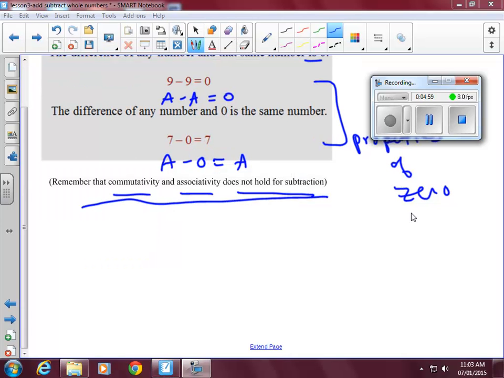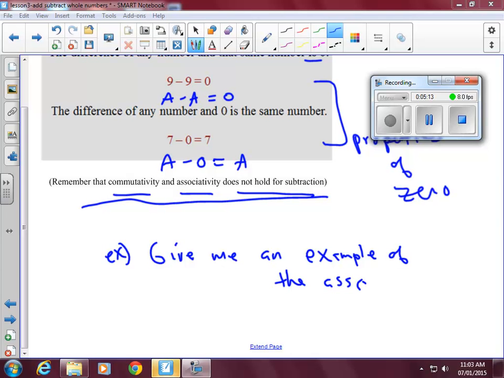Now I am going to insert a little example here in our notes. Can you give me an example of the associative property being used? This is creative.